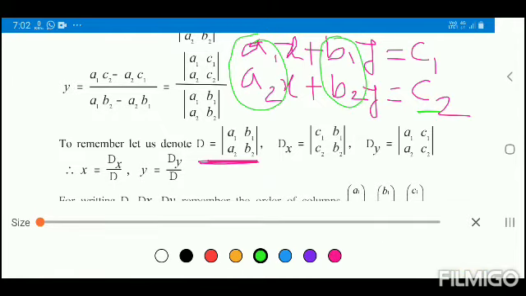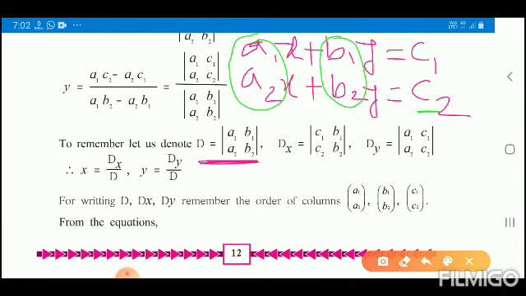For dx, we are taking the constant values, and since we are finding x, we are not taking the coefficients of x; we take the constants, then coefficients of y, b1 b2. And lastly for dy, we will not take the coefficient of y; we take the coefficient of x and the remaining constant term.